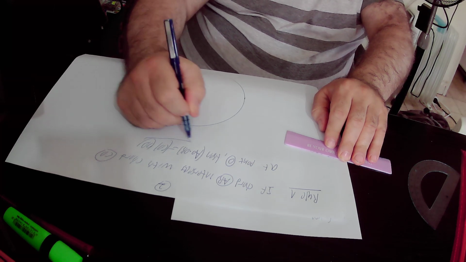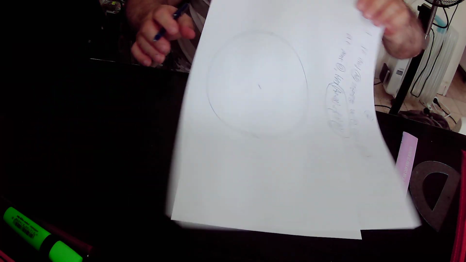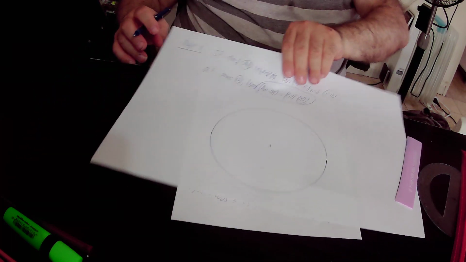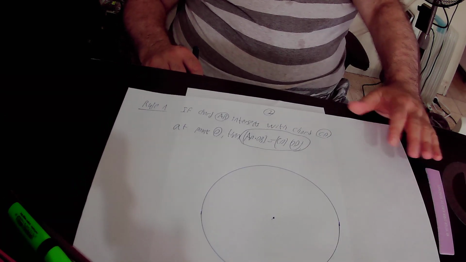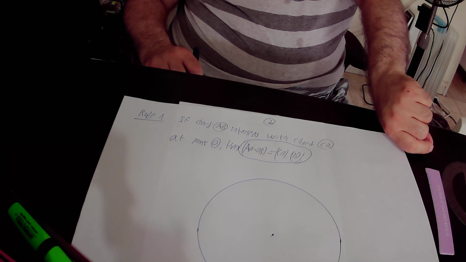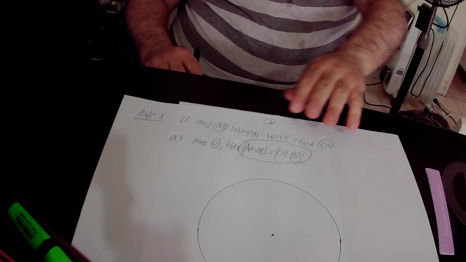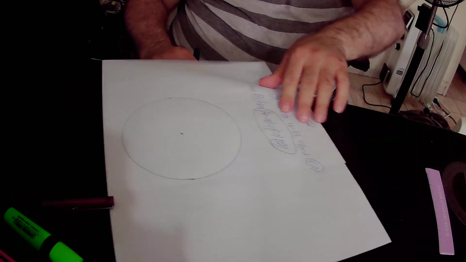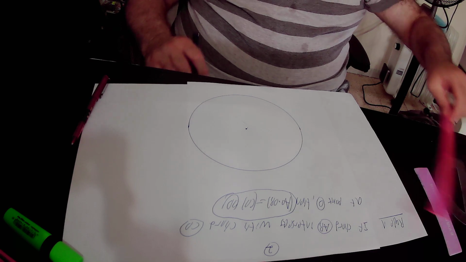Okay. I will read rule number 1 again. According to rule number 1, if chord AB intersects with chord CD at point O, then AO times OB equals CO times OD. So in this drawing, we have here chord AB.